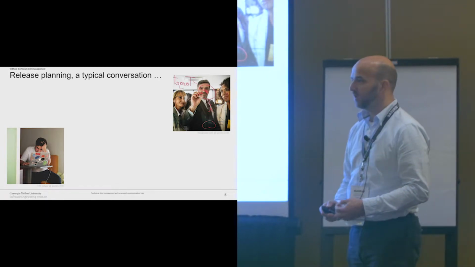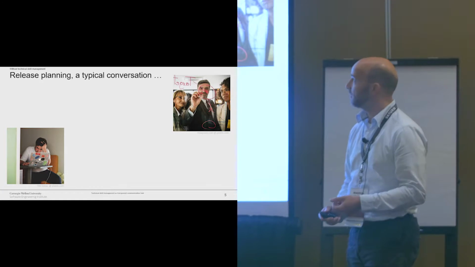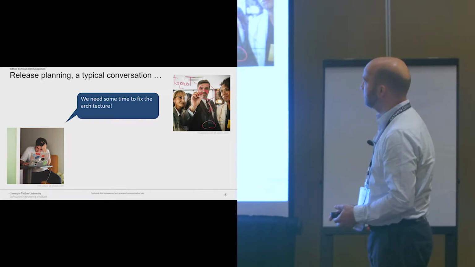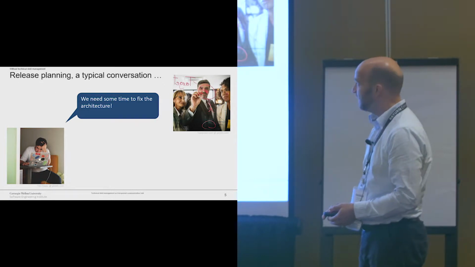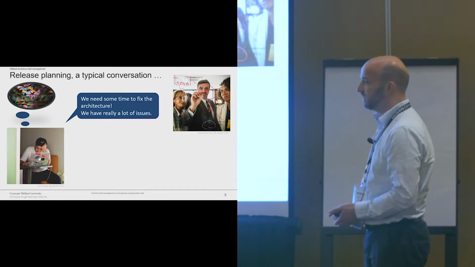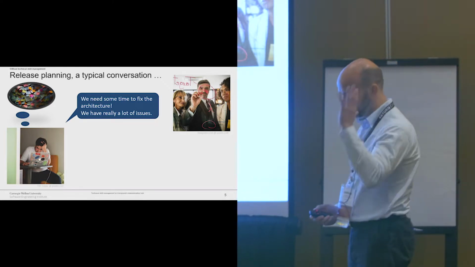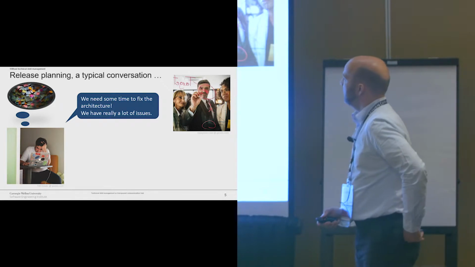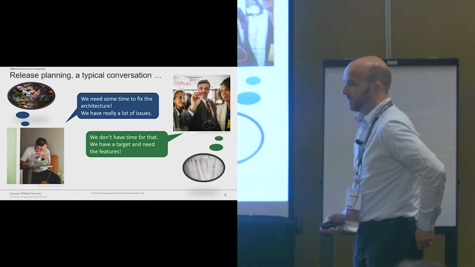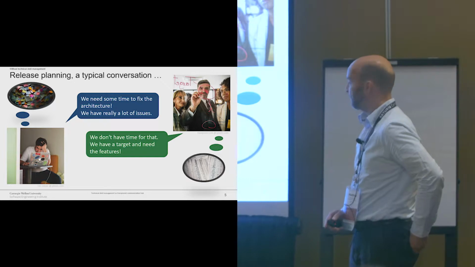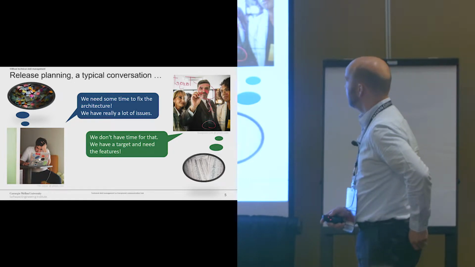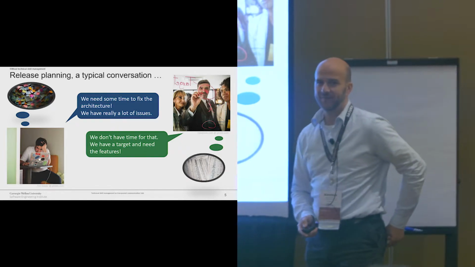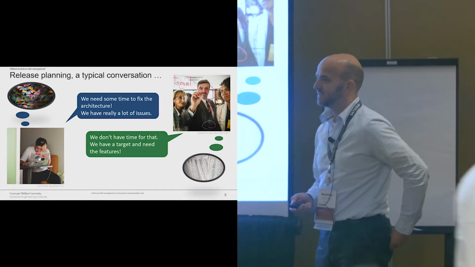A developer comes into the release planning: we need some time to fix the architecture because we have a lot of issues to fix, and those issues are in my mind, in some post-it notes somewhere, maybe in some emails. And the answer is, we don't have time for that because we have an agenda, we have a target, we have new features we need to put out. I don't know whether you're familiar with such conversations, but for us it's at least typical.